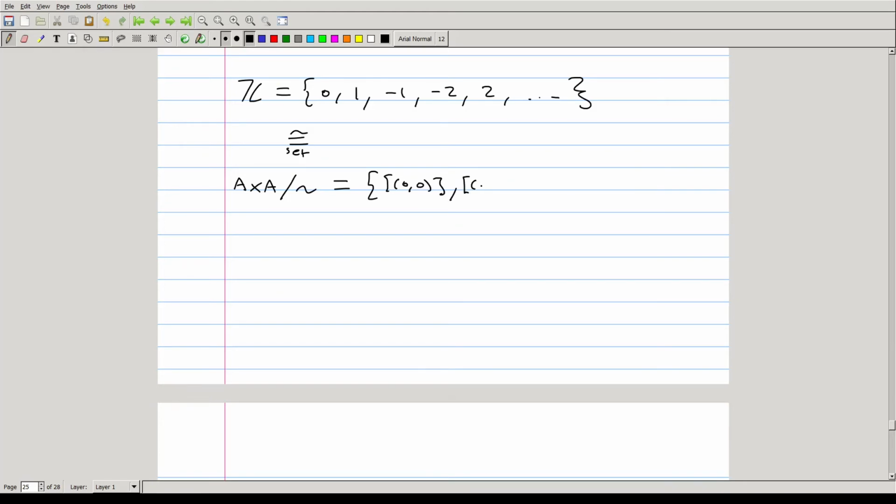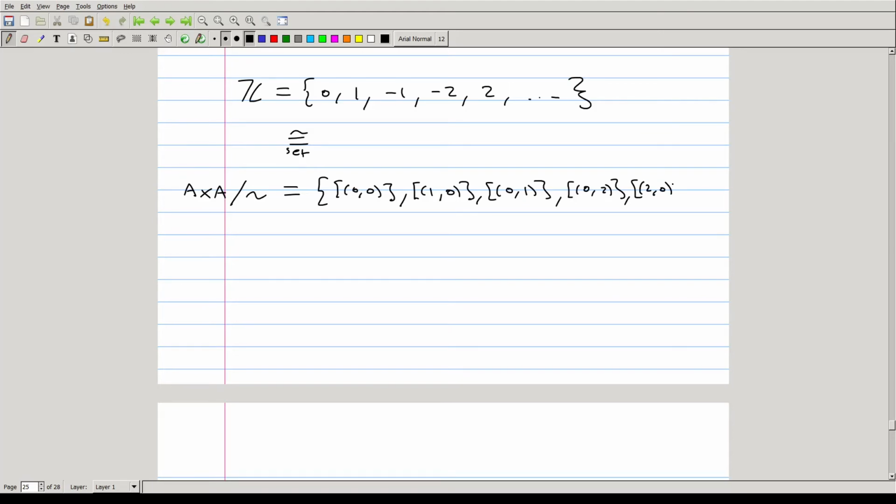1 maps to the equivalence class of 1, 0. Negative 1 maps to the equivalence class of 0, 1. Negative 2 maps to the equivalence class of 0, 2. Positive 2 maps to the equivalence class of 2, 0.